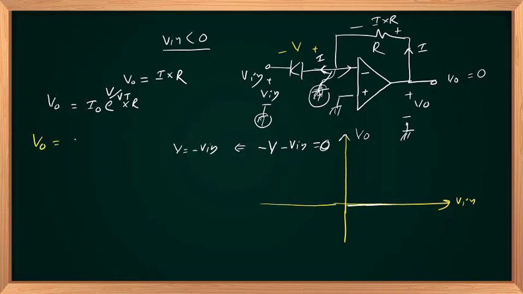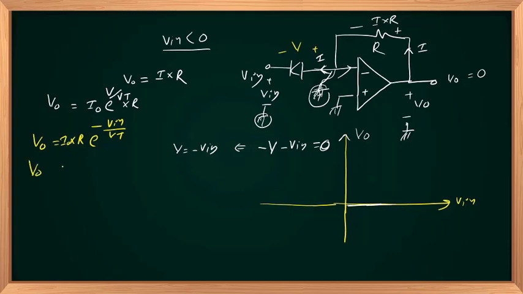So V out is equal to I naught exponential of minus V in upon Vt, multiplied by R. So I'm taking I naught R multiplied by exponential minus V in by Vt.